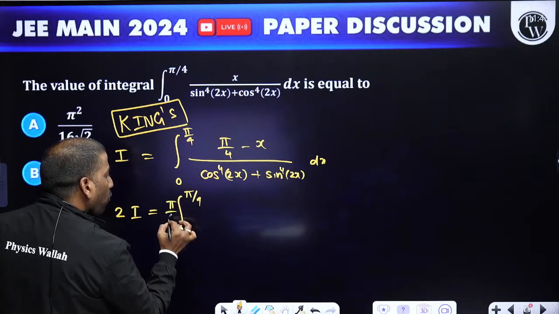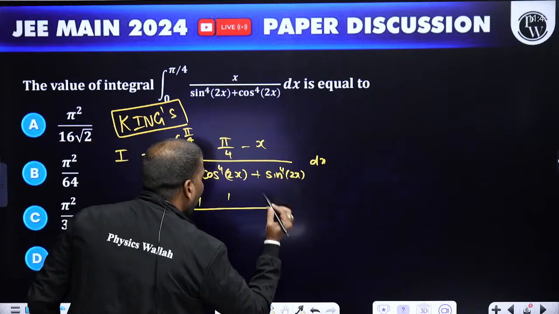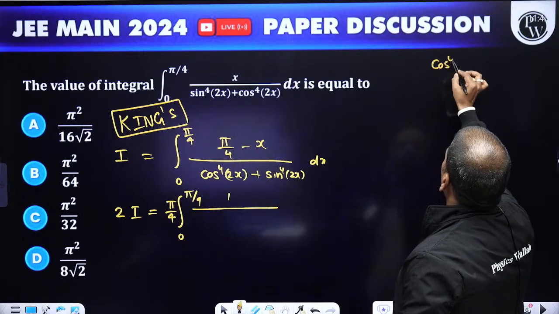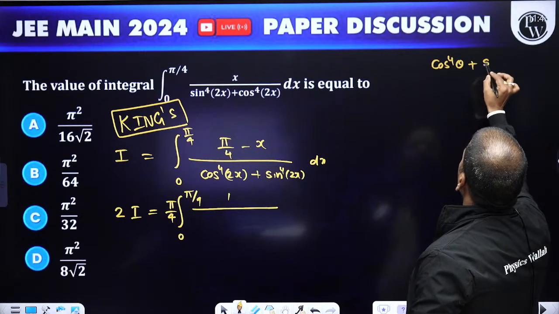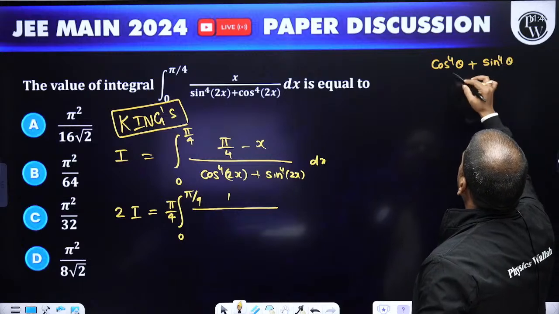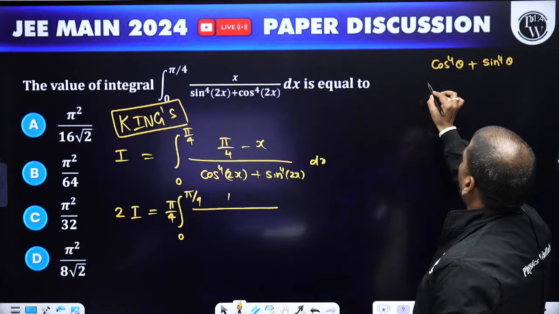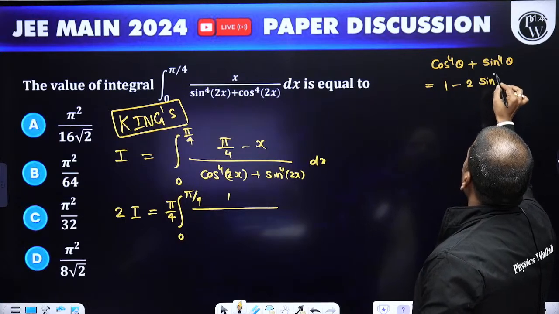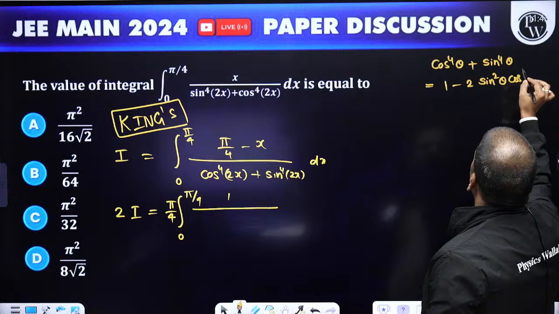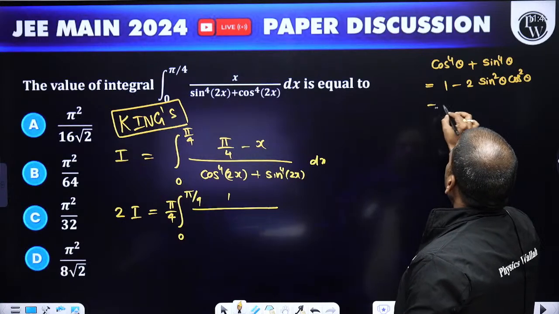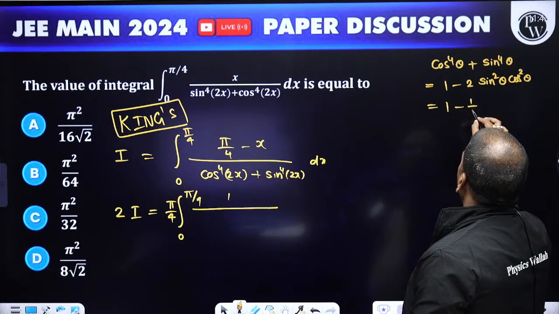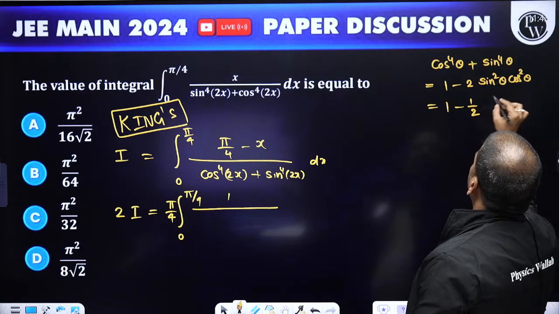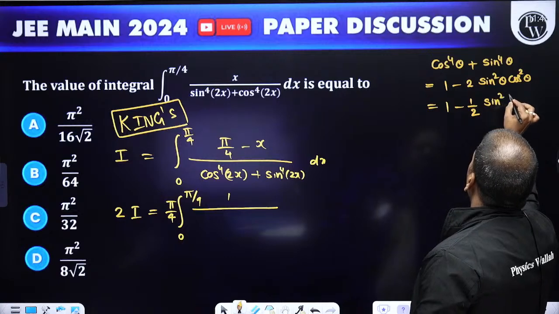This is pi by 4 times 1 by cos power 4 theta plus sine power 4 theta. Number of times we use this. We apply a square whole square plus b square whole square. What is the formula here? 1 minus 2 sine square theta cos square theta. I multiply and divide by 2, that will become 1 by 2. This became 4, 4 means 2 sine theta cos theta, that means sine square 2 theta.